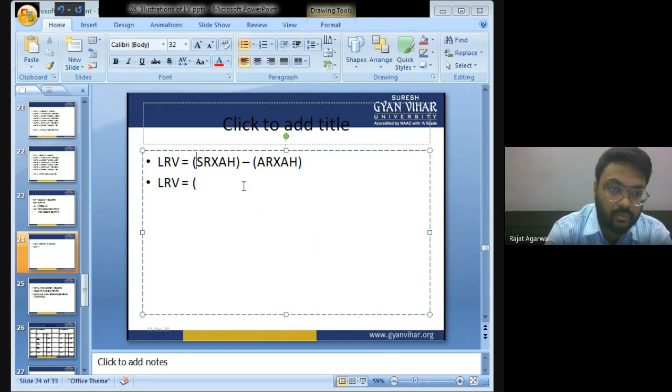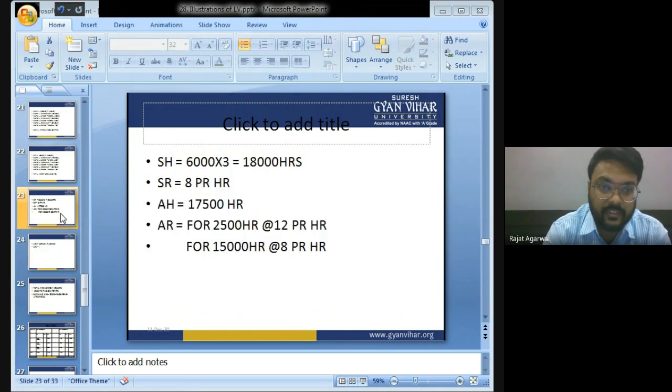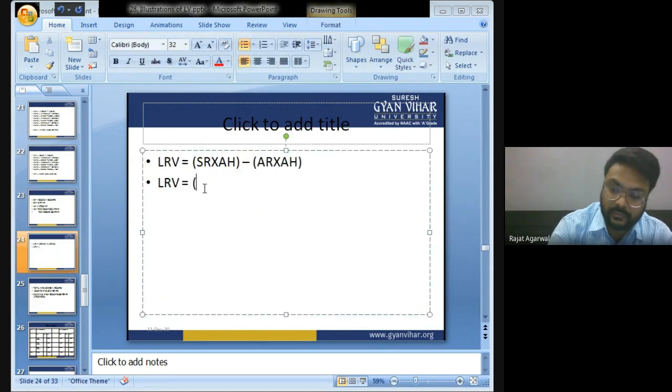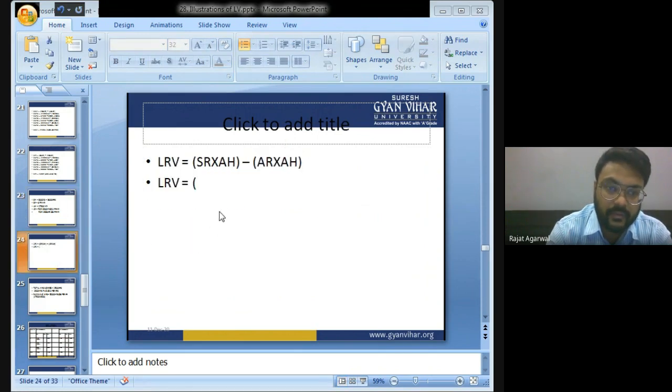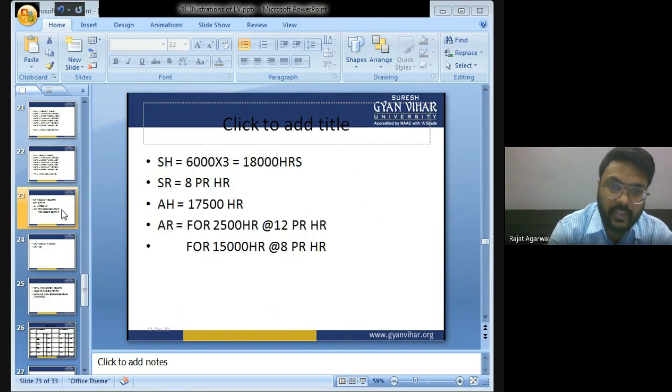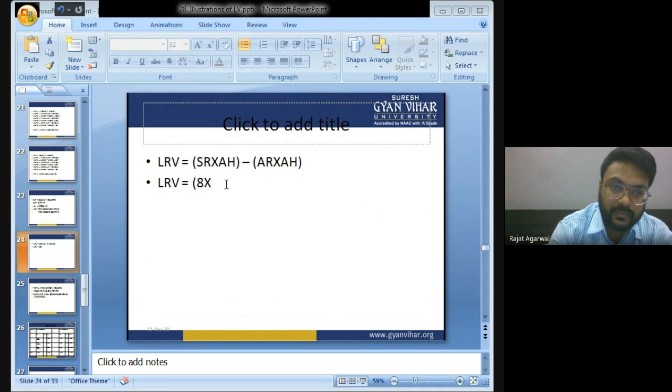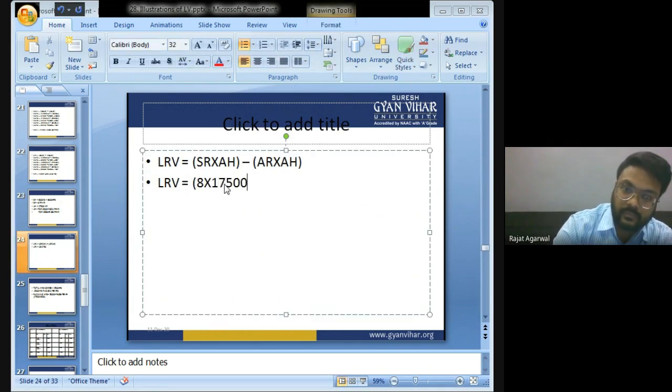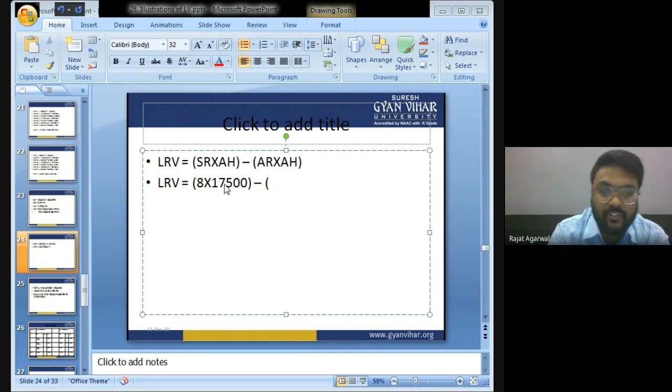Now, standard hour is 18,000 hours. Standard rate is 8 into actual hour, which is 17,500, minus actual rate into actual hour.